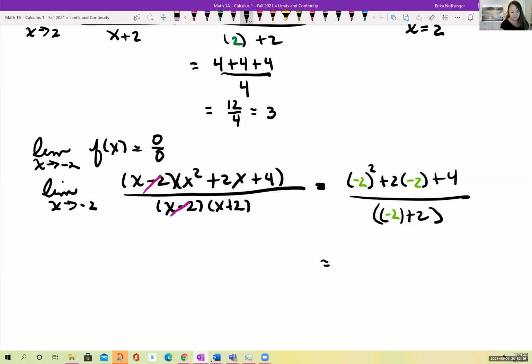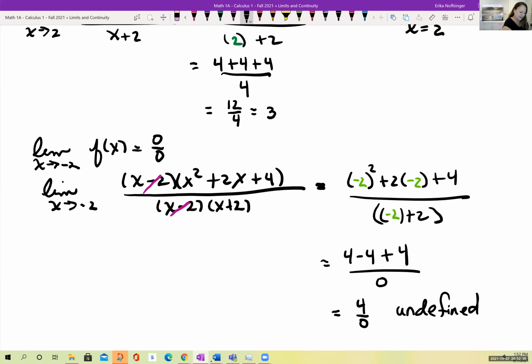Notice we get 4 minus 4 plus 4 all over 0. This is 4 over 0. This is undefined. So the limit doesn't exist.